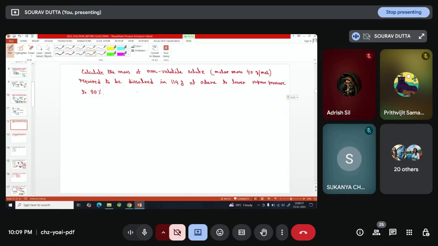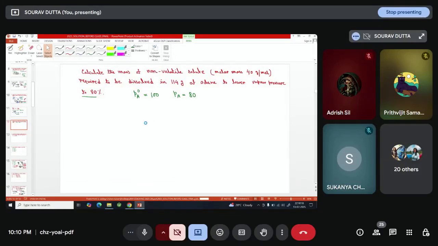If your initial vapor pressure in the pure state is 100, then in your solution the vapor pressure is 80, because it is written that when non-volatile solute is added it lowers the vapor pressure to 80%. So if the vapor pressure in the pure state is 100, then the vapor pressure in the solution is 80. This was the thing to understand, very easy.